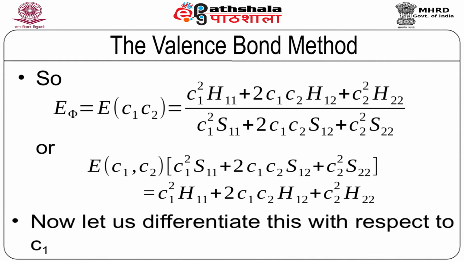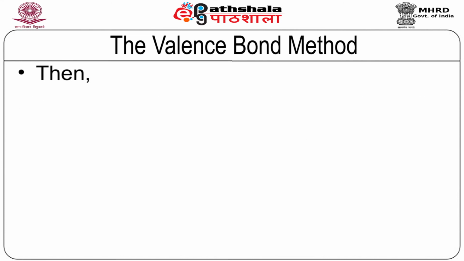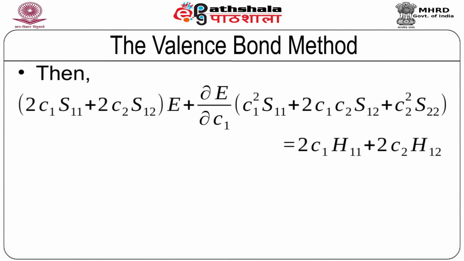Now let us differentiate this with respect to C1. Then we get 2 C1 S11 plus 2 C2 S12, into E, plus del E del C1 into C1 square S11 plus 2 C1 C2 S12 plus C2 square S22, equals 2 C1 H11 plus 2 C2 H12.